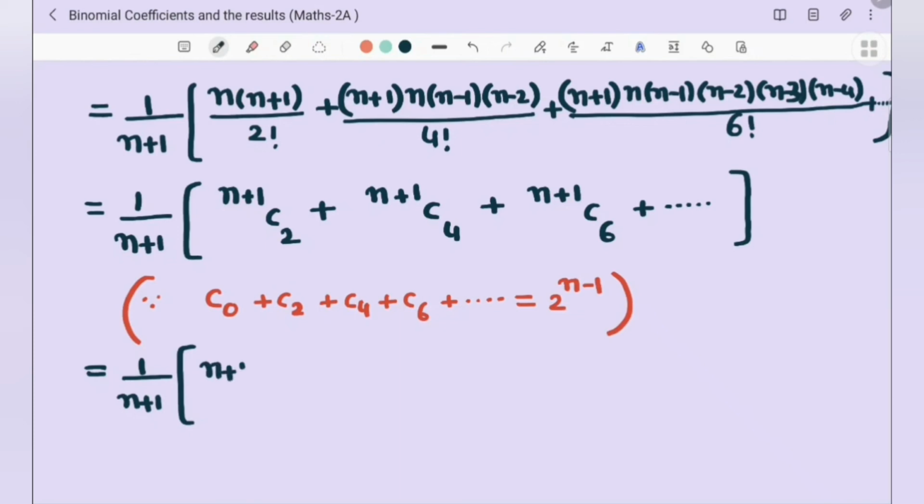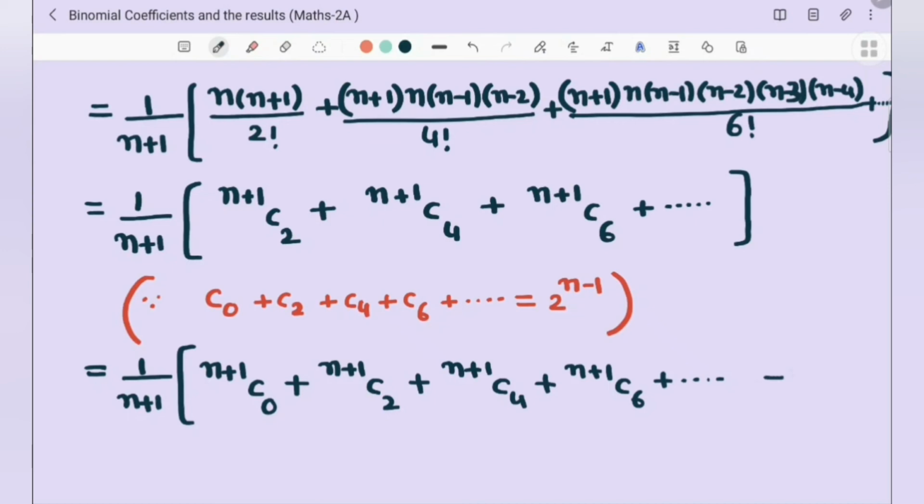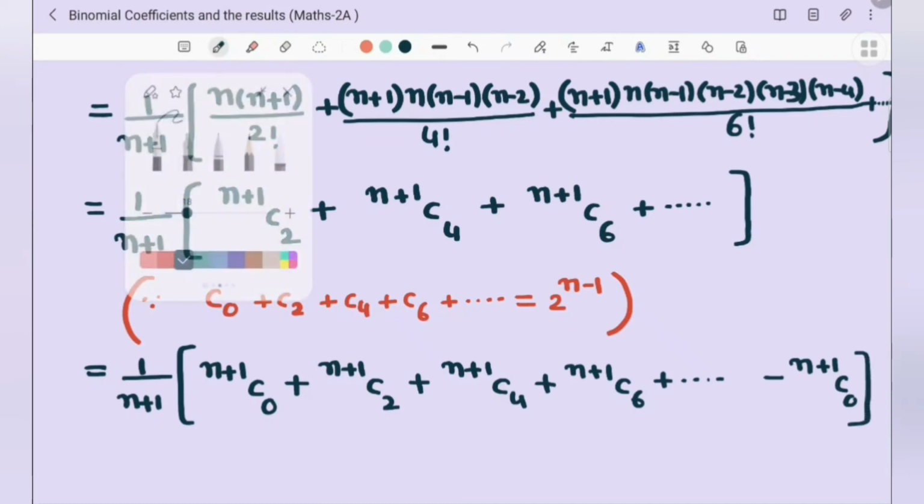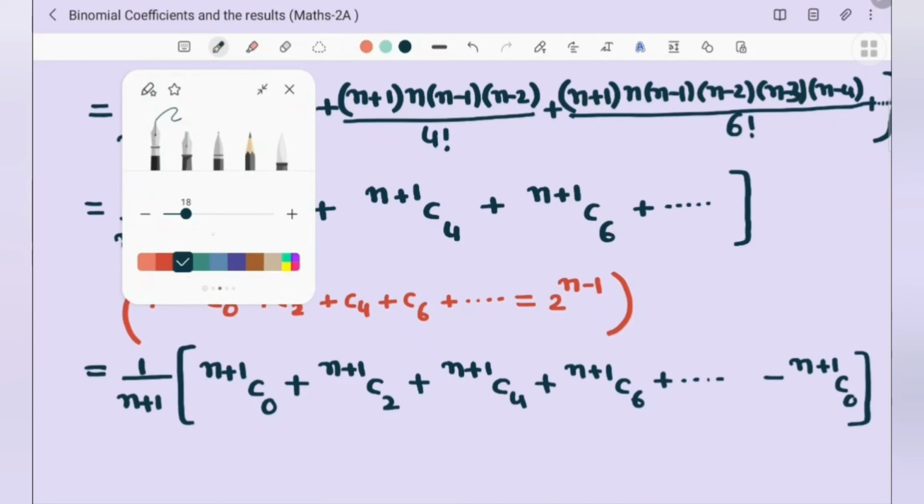Here we are adding n plus 1 C0 plus n plus 1 C2 plus n plus 1 C4 plus n plus 1 C6 plus and so on. At last minus n plus 1 C0. We are adding and subtracting. And observe that, dear students, carefully.